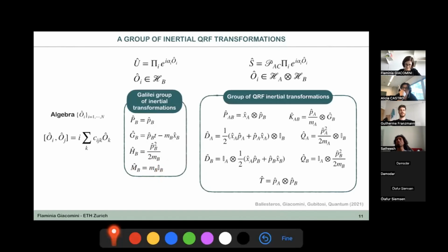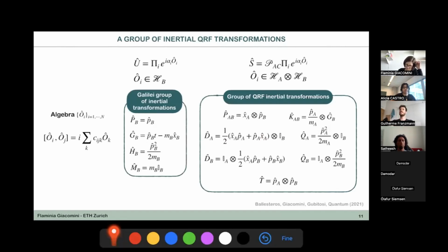The notation is a bit confusing, but this one here would be the equivalent of this one, but then you also need to add the symmetric one with the identity on A. And this operator here looks complicated, but it's actually just a dilation operator. So basically, when you apply this element of the group to XA, it rescales X by alpha X and P by alpha to the minus 1 P. And the same holds for this one.